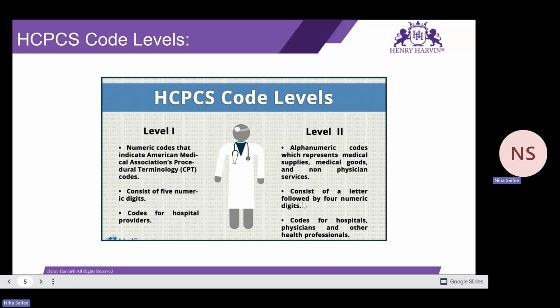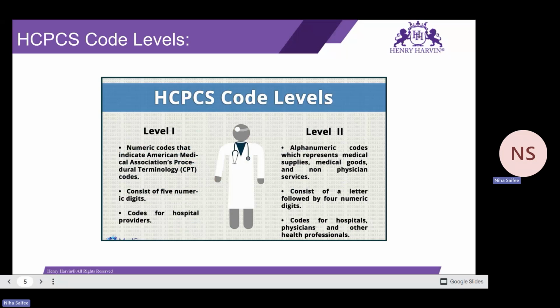We have seen this in the ICD code also. First is a letter and then there are numbers. But in ICD, you have the first letter, then 2 digits, then a dot, and then 4, 5, 6, 7. In HCPCS, there is no dot in between. First is the letter, and then in continuation we have 4 numbers.